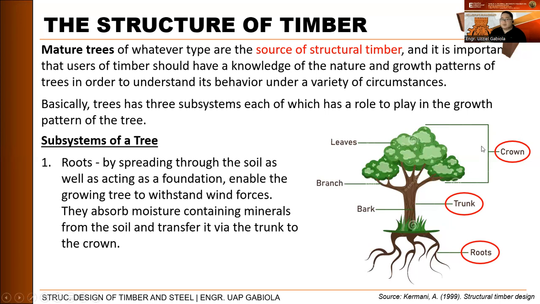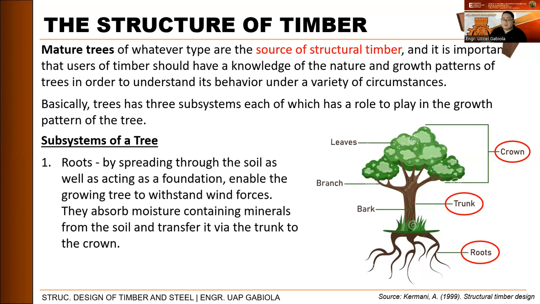Okay? So, starting off with the roots. Roots spread through the soil as well as act as foundation. It enables the growing tree to withstand wind forces, and they absorb moisture and minerals from the soil and transfer them via the trunk to the crown.